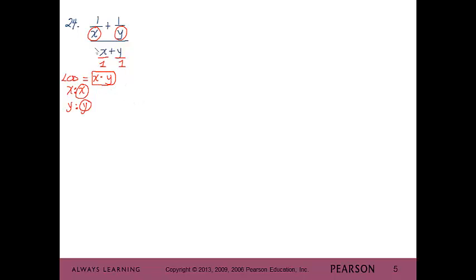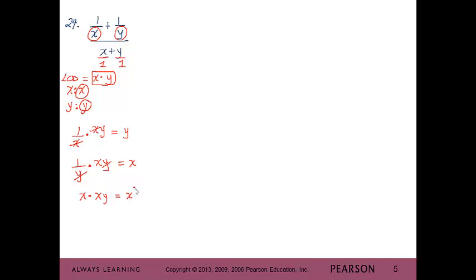So now we're going to multiply each term by xy, or x times y. So 1 over x times xy. The x's cancel out, leaving us with just y. And then 1 over y times xy. Well, the y's cancel out, leaving us with just x. And then x times xy.